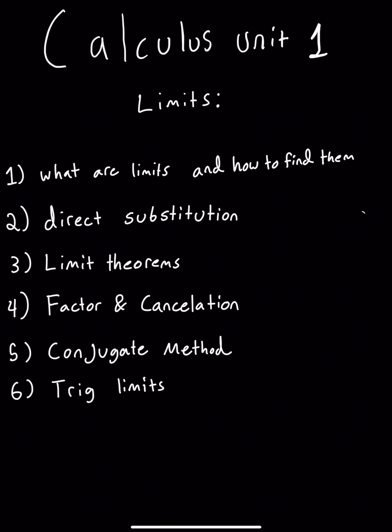Okay, so what are limits and how do you find them? Limits are essentially where points meet on a graph. So if we have a graph here, and this is our graph, let's just say it's y equals x for simplicity. The limit, this is limit notation, as x approaches 2 of y equals x is what?